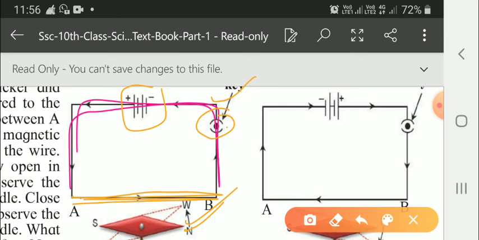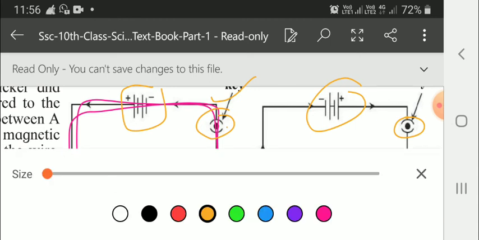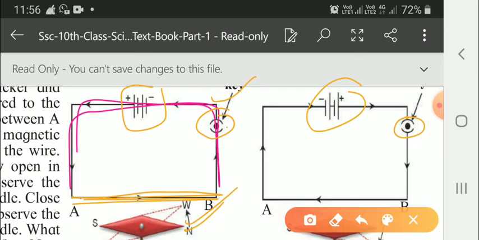Now in the second part, again here it is the key, it is the cell, and what we have to change is the wire. First you see how the direction of the current was. I'll show with another color. The current was going this way in the first case, but in the second case the direction of current is this way.